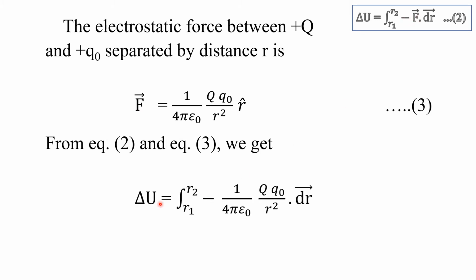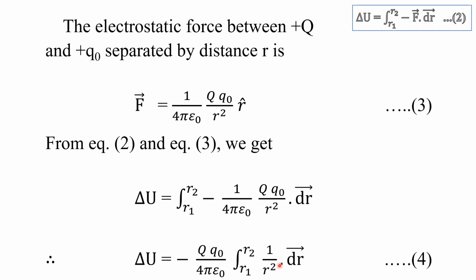We get delta U is equal to the integration running from R1 to R2, where R1 is the initial limit and R2 is the final limit, of minus 1 upon 4 pi epsilon 0 Q Q0 upon R square. This is the value of F into dr.